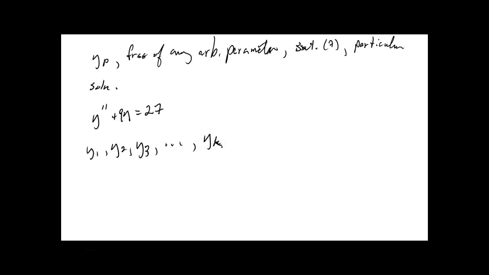Y sub k, that are solutions for the homogeneous case on the interval I. So these are solutions to the homogeneous case, the differential equation, and y sub p is any particular solution of the 7, the non-homogeneous case.